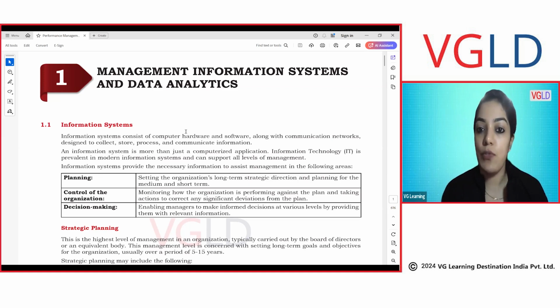So information systems are used for planning, controlling, and decision making. So decision making is what? Enabling managers to make informed decisions at various levels by providing them with relevant information. Okay, so that is what an information system does. It supports decision making.